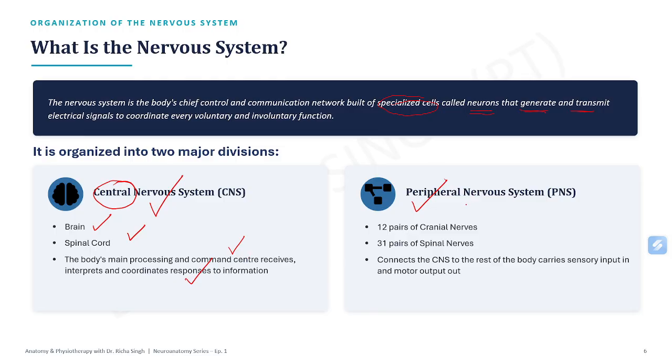Whereas peripheral nervous system acts as an auxiliary part of the central nervous system, meaning it will moreover help to provide assistance to the master.